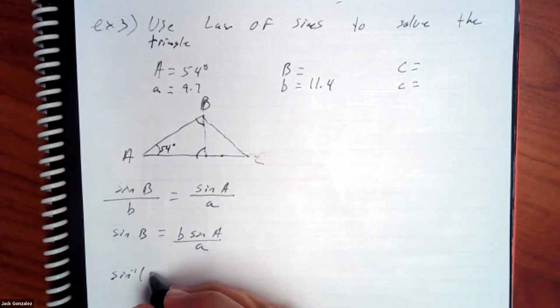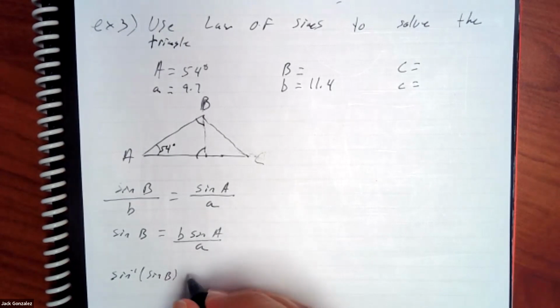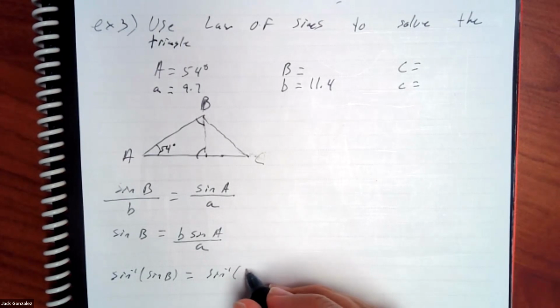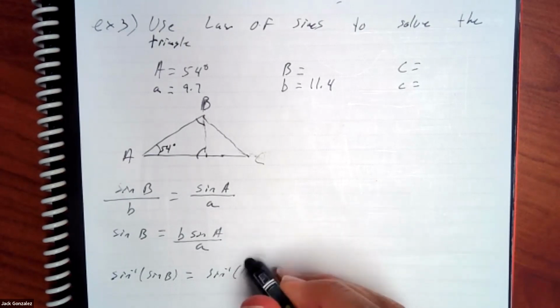Sine inverse of sine B is equal to sine inverse of B sine A over a.